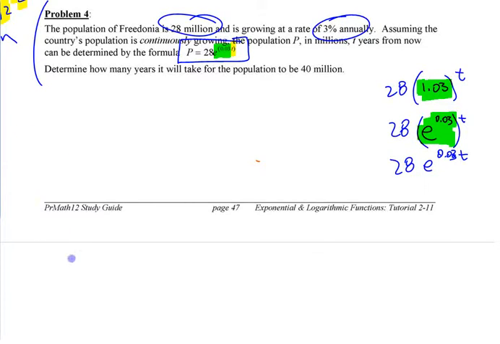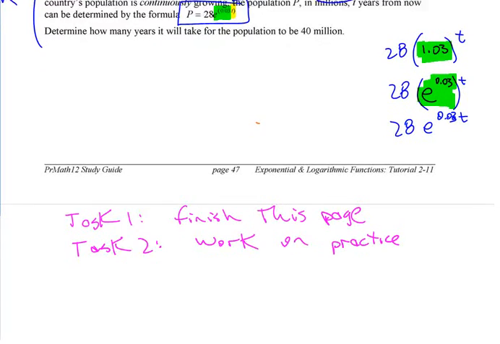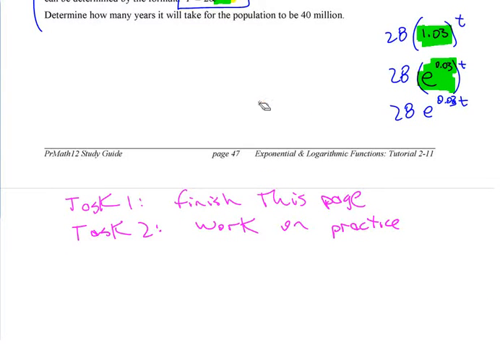So task number 1 is finish this page. Task number 2, work on some practice for everything up to this. After lunch, we're going to do that quiz on the graphing stuff, section 7 and 8.